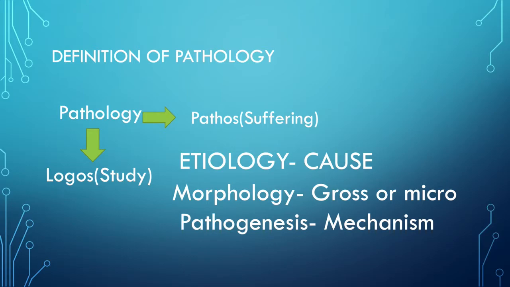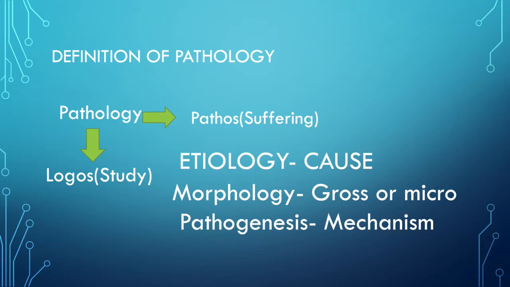Basically, the term pathology depends upon three main important terms. Number one, etiology. Etiology means the cause of the disease. Morphology means which kind of gross, that means overall, and microscopic changes have arrived in the cells or tissues due to this disease.